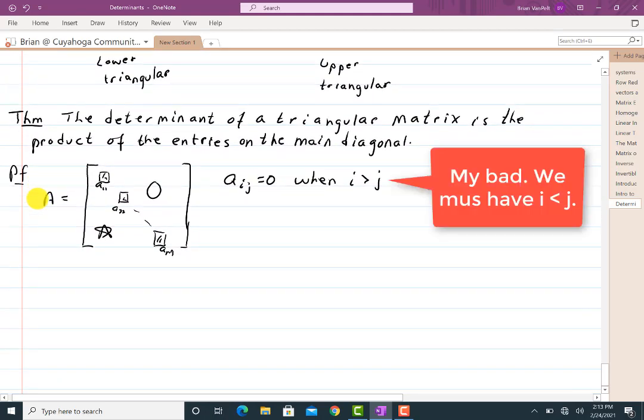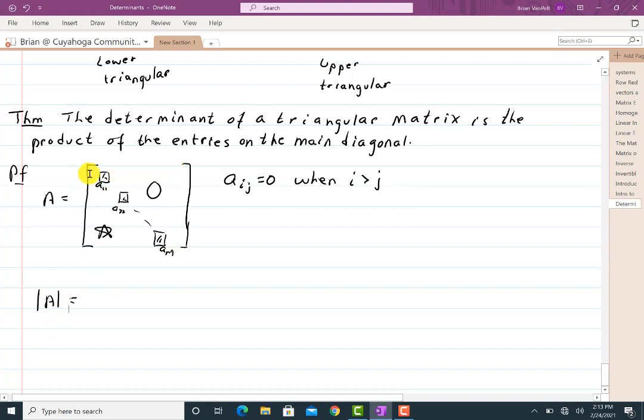Now, when we go to find the determinant of it, we can expand along the first row. So I'll get the A11 times a submatrix. So if I take out its column and its row, then what's going to be left? I'll have my A22, A33, ANN, but I'll still have a 0 up here and whatever down there. And I only had to do one entry because the rest were zeros after that.